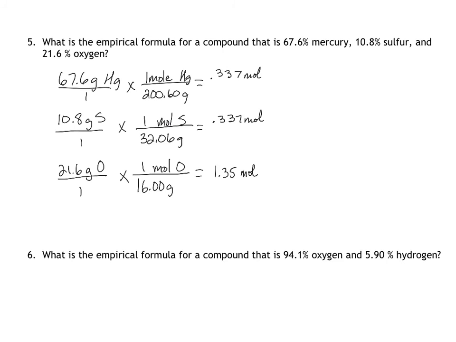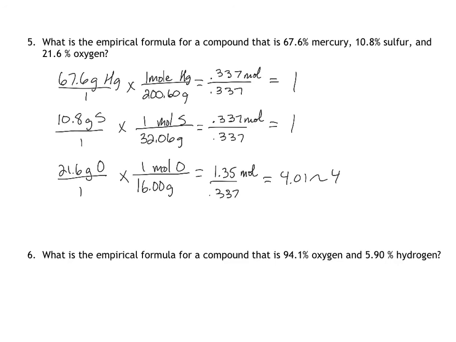All right, so these are the answers I get, and now I'm going to go ahead and divide them by the lowest number. These two are the same, so 0.337 divided by 0.337 equals 1, and the other 0.337 divided by 0.337 equals 1, and I divide this by 0.337, which equals 4.01, which is equal to 4.